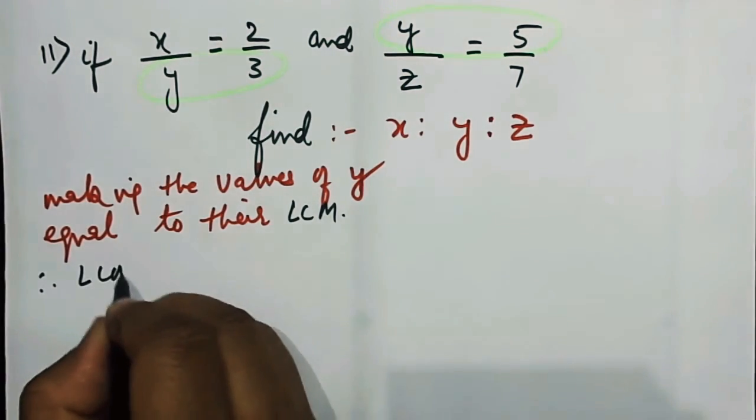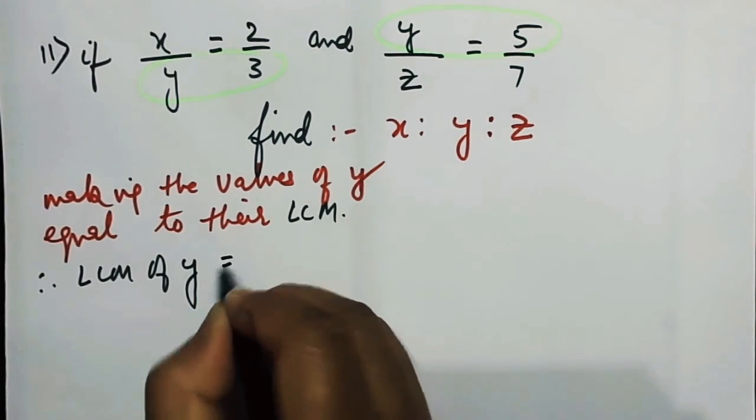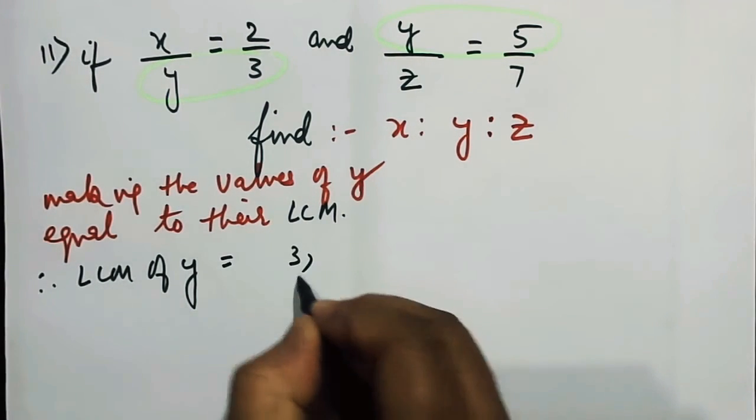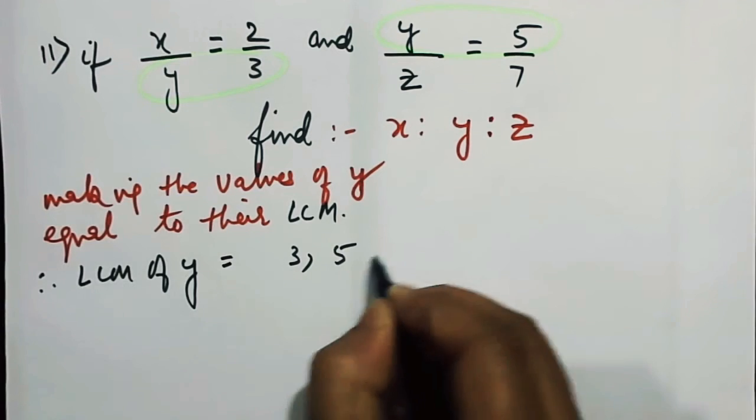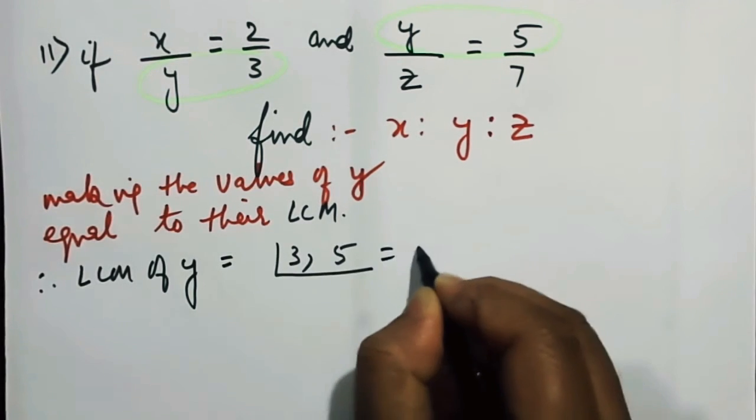Therefore, the LCM of y is the LCM of 3 and 5, which will be equal to 15.